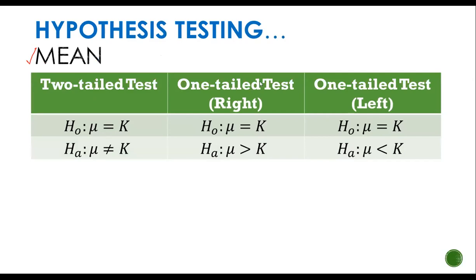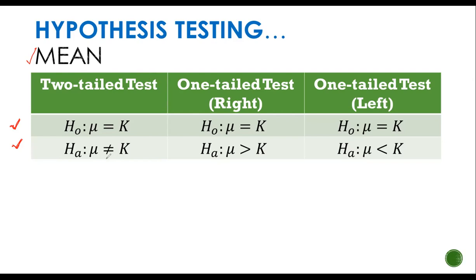Okay? So, sa mean, meron tayong null hypothesis. Okay? Nandito sa first. The second row. Okay? And of course, your third row would be your alternative hypothesis. Null hypothesis, alternative hypothesis. Paano siya madedetermine kapag one-tailed?